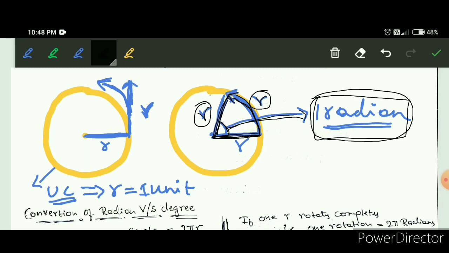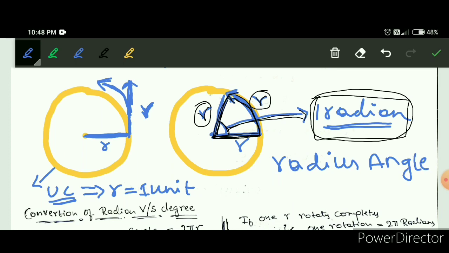And another interesting thing: here I write radius and angle, and I strike out the 'us' in radius and the 'gle' in angle. Then we get radian.